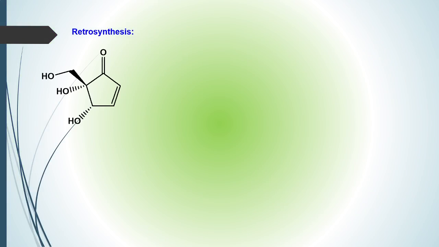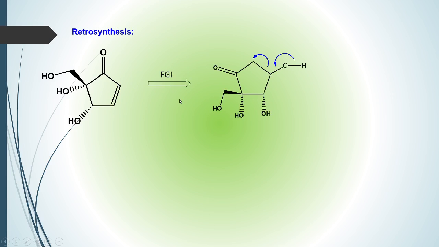So see the retrosynthesis. Here our target molecule is pentenomycin. In the first step we do the first FGI and convert the molecule into this. If you look at this target molecule, it is an alpha beta unsaturated compound. The alpha beta unsaturated compound comes from the aldol condensation, intramolecular aldol condensation.